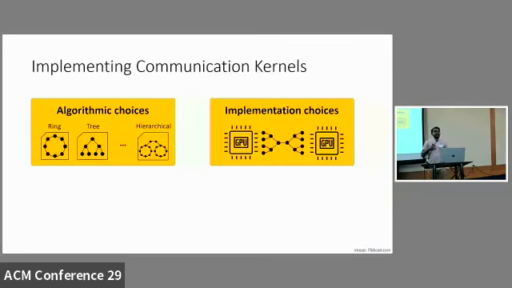If you look at what it takes to implement these communication kernels very efficiently on GPUs, you need broadly 2 kinds of choices. One is what I call algorithmic choices, and then implementation choices. A communication algorithm determines how the GPUs route data among each other to implement this operation. A common example is the ring algorithm for all-reduce, where the GPUs arrange themselves into a ring, and then they take turns sending their data among themselves.